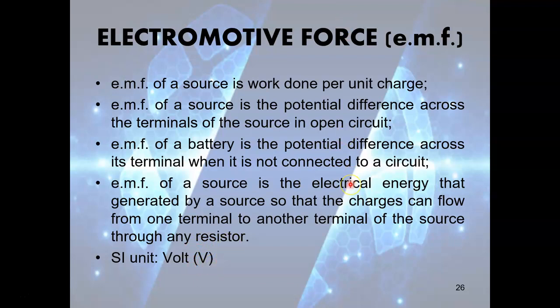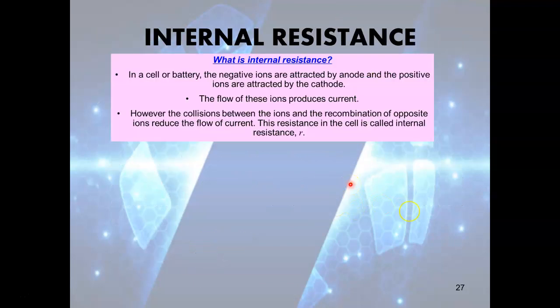So this is EMF. Now, another term that I need you to understand is internal resistance. So what is internal resistance? Let's say in a cell or battery, the negative ions are attracted by the anode and the positive ions are attracted by the cathode. We all know about this.